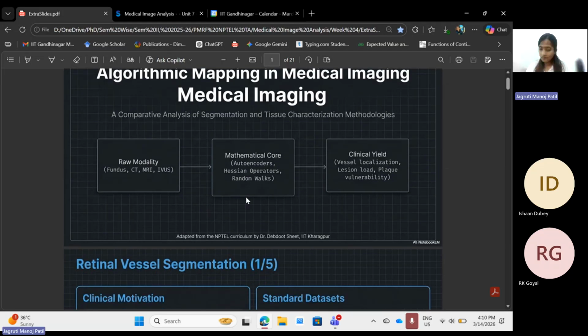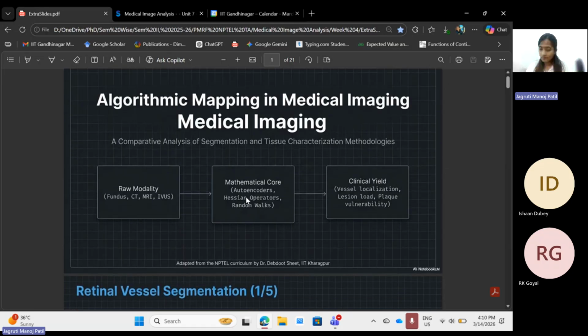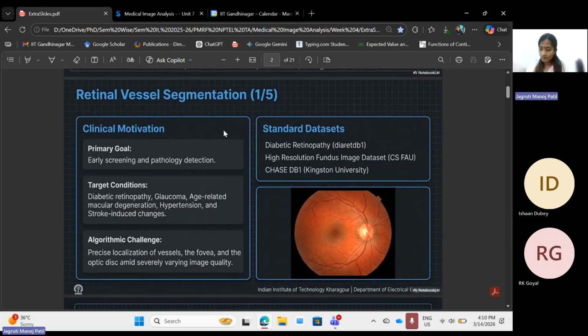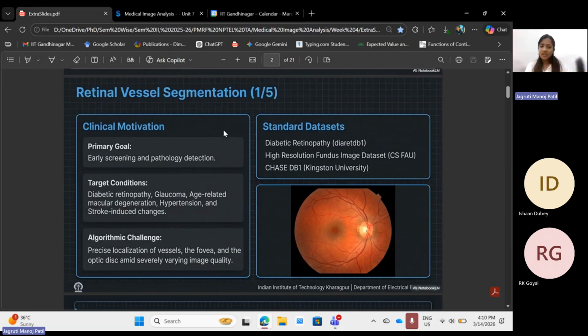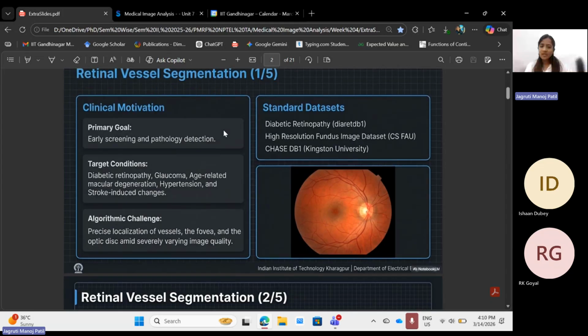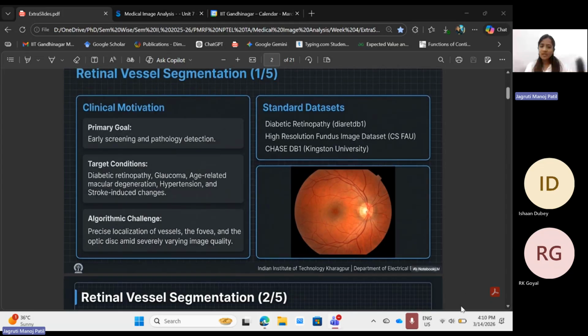Yes, so as rightly said, it was first about retinal vessel segmentation, and he showed us different standard databases which are there for it. It's very essential so that you are able to specify and see how different vessels are going there, because I myself had a case where my retinal layer had patches which were left open.